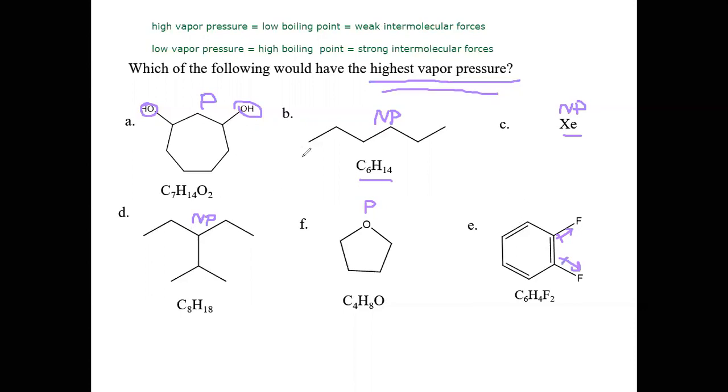So now looking at the non-polar, again, the molecular weights are what we use to determine which one is the stronger or weakest intermolecular forces. So we have C8H18, C6H14, and xenon. So here if we look, the molecular weight for C8H18 I believe is 114.